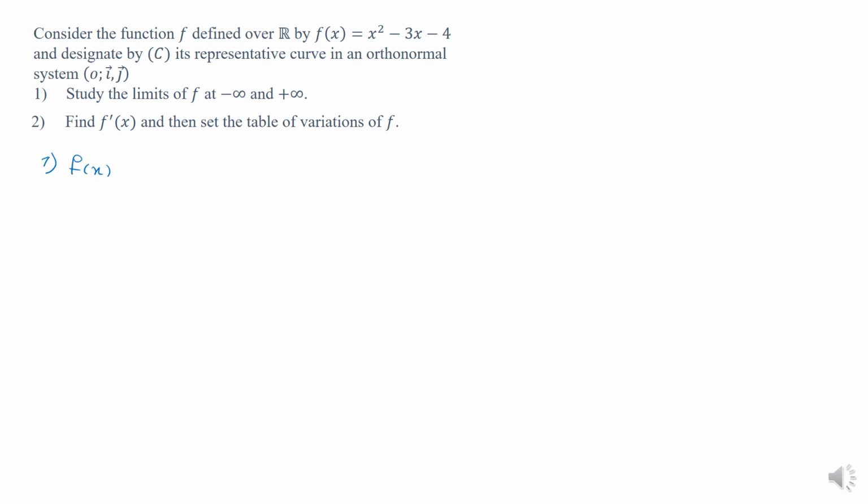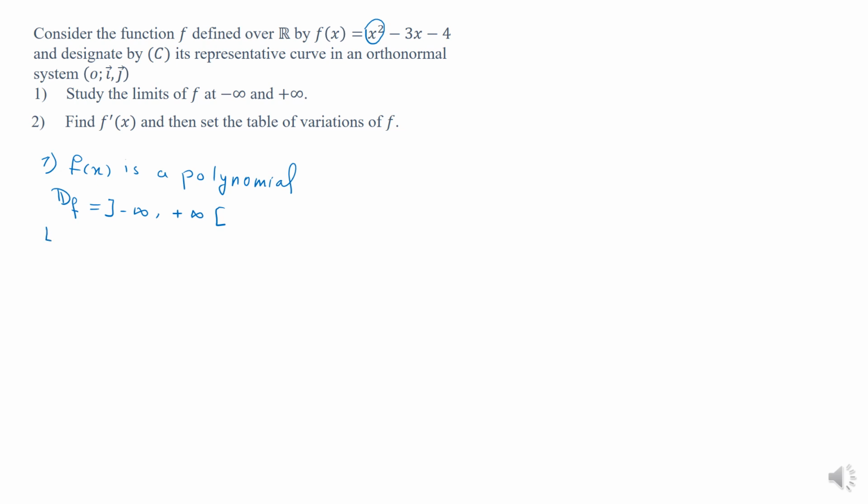F of x is a polynomial, it's clear. The domain of f is minus infinity to plus infinity. Now the limits of a polynomial depend, as we have explained in previous videos, on the term having the highest exponent.